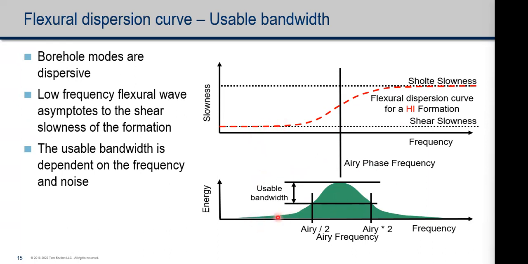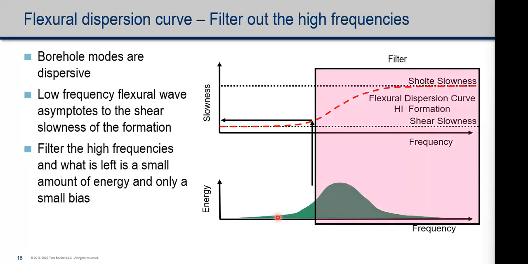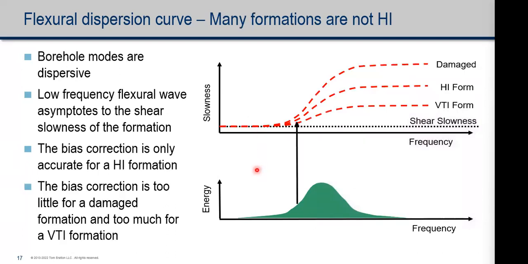And so the technique for this, which was common in all your third generation tools, was to take all these high frequencies and filter them out, and essentially process where you have a little bit of energy. But there's a bias: what you process comes out too slow because you don't have enough excitation down here in the lowest frequencies. And so this was known as a bias correction.